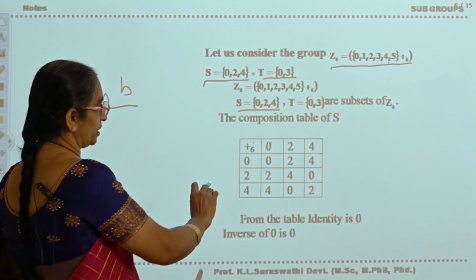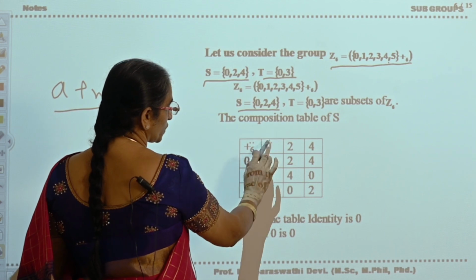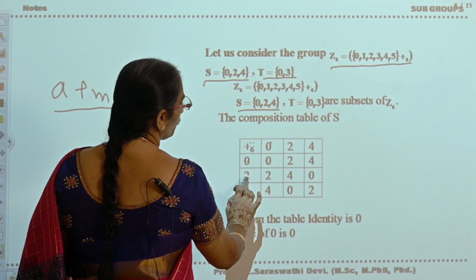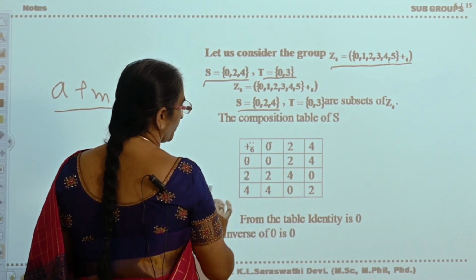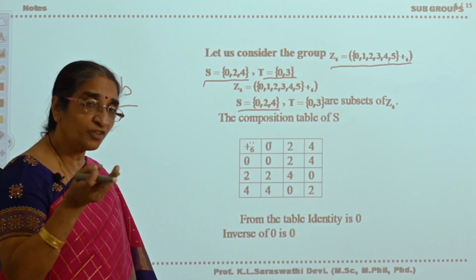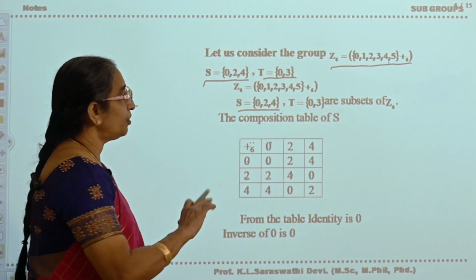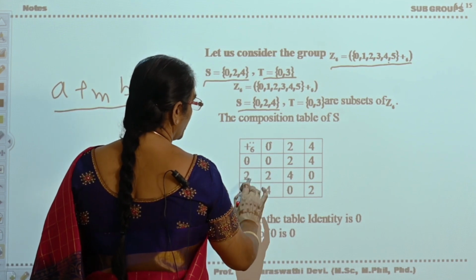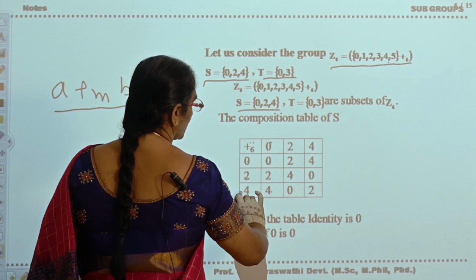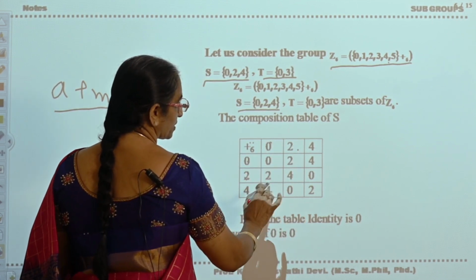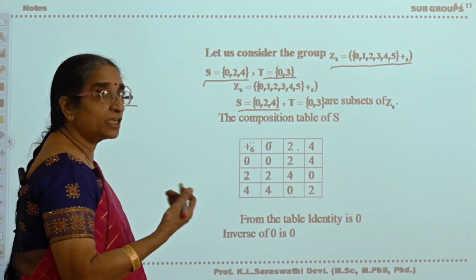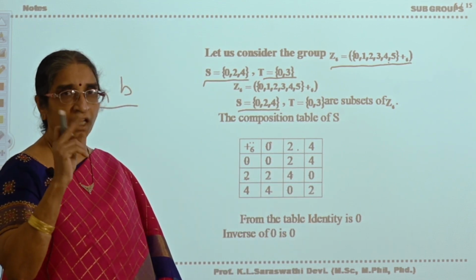Like that you have taken: 2 addition modulo 6 0 is 2. 2 plus 2 is 4, and 4 is less than 6, so you will get 4. 2 plus 4 is 6, 6 by 6, the quotient will be 1 but the remainder is 0, so you have to take 0 here. Again 4 addition modulo 6 0 is 4. 4 plus 2 is 6, 6 by 6, the remainder will be 0. Again 4 plus 4 is 8, 8 by 6, the remainder will be 2, since 6 cancels one time.